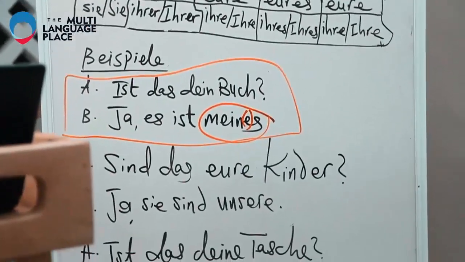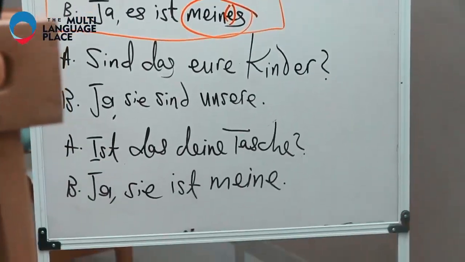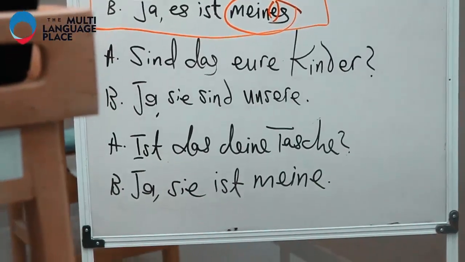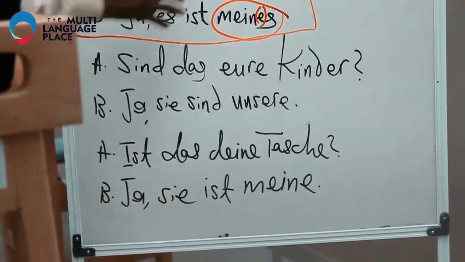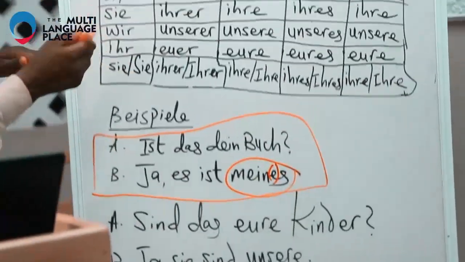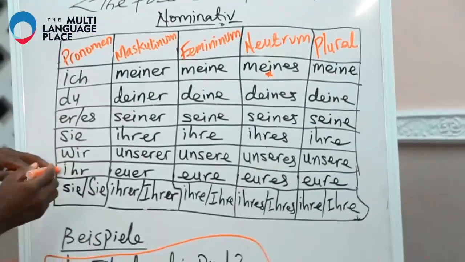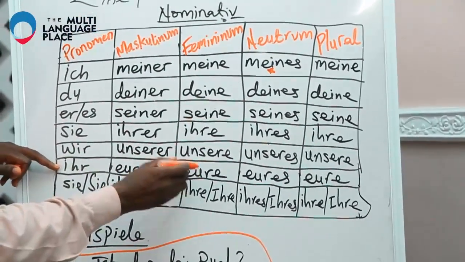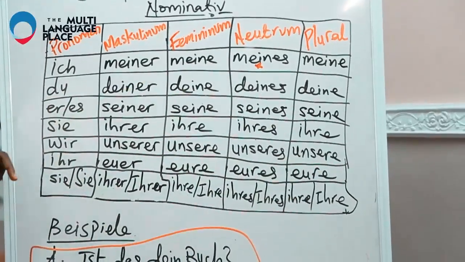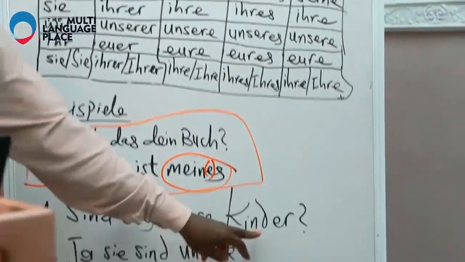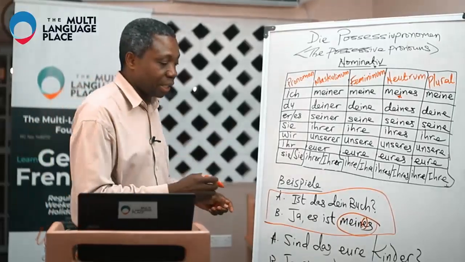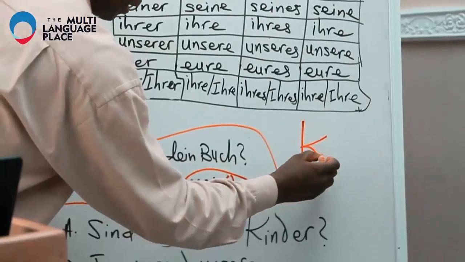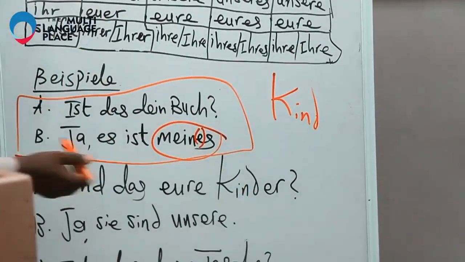Sind das eure Kinder? If you locate this one on the table, you discover that it's talking about this. Then you look at the noun. The noun is plural. The singular of that word is Kind. This is the singular, and this is the plural.